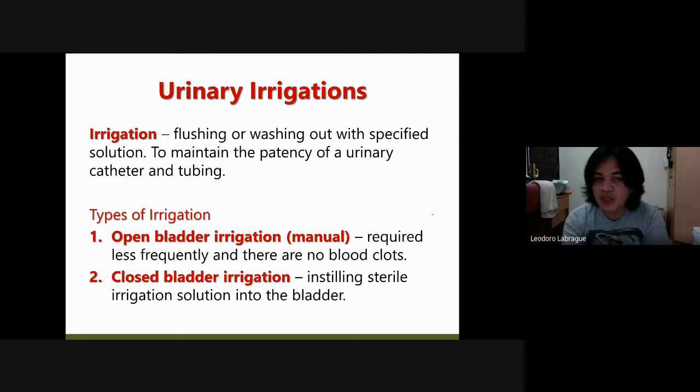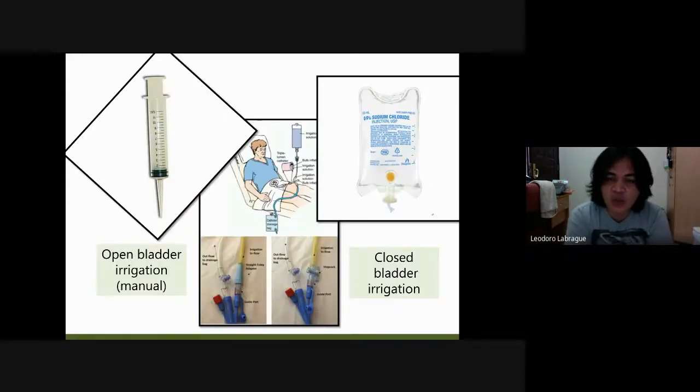And there are 2 types of irrigation. We have the open bladder irrigation, which is manual, and we have the closed bladder irrigation. Now, I want you to look at the photo again. The photo at the center, the patient has a catheter inserted into the bladder, correct? And this catheter is connected to the irrigating solution. Normally, the irrigating solution is cold because the cold temperature can stop the bleeding of the bladder.